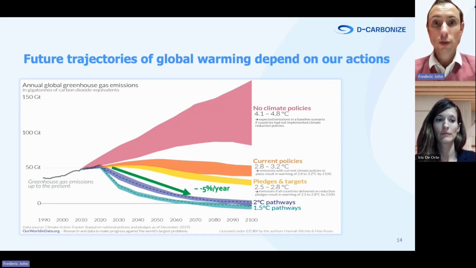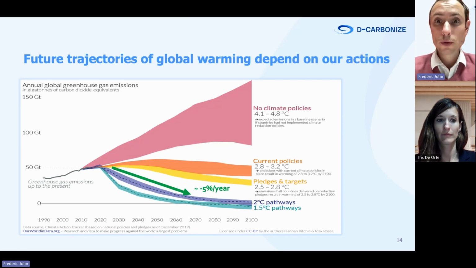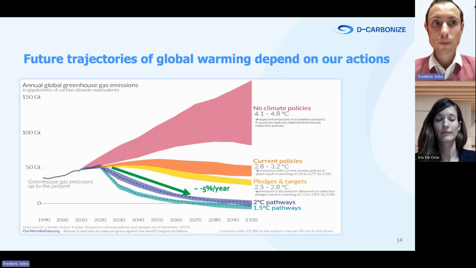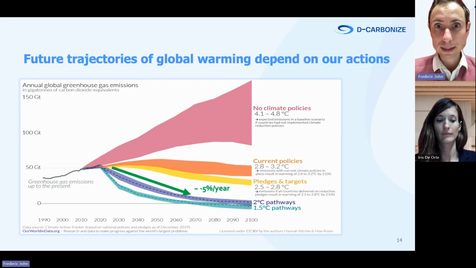That means the reduction of CO2 emissions should be equivalent to what we experienced during COVID-19, but for the next 4 decades. So the challenge is there. We certainly do not have to minimize it, but it's still possible, and it starts by measuring CO2 emissions. It's very important.